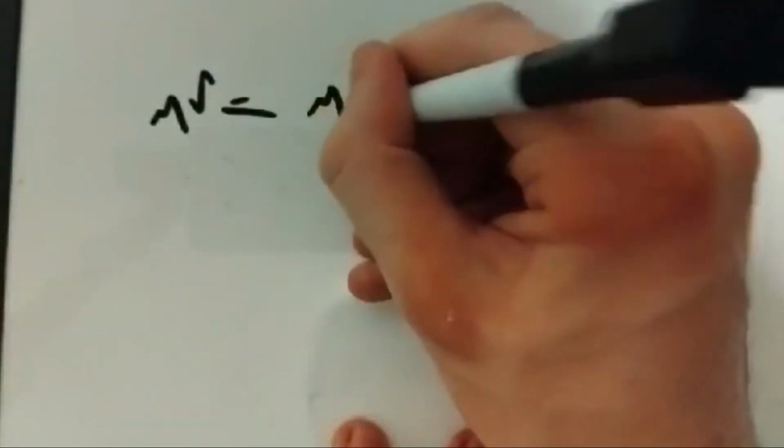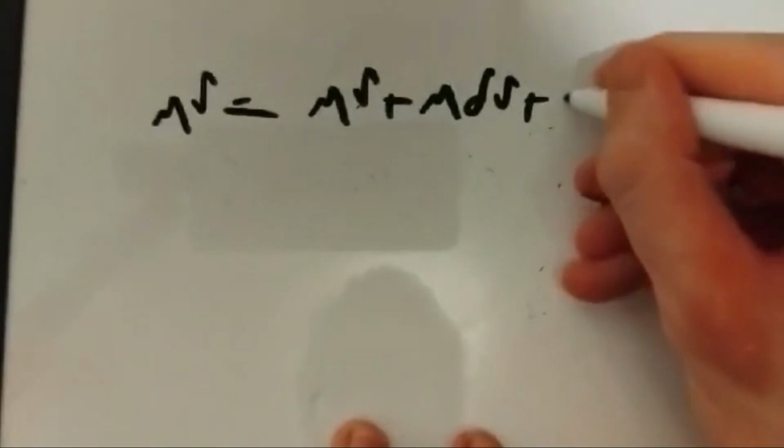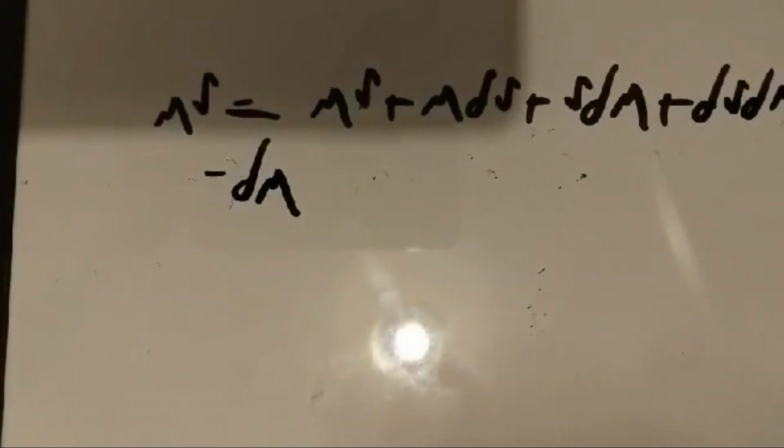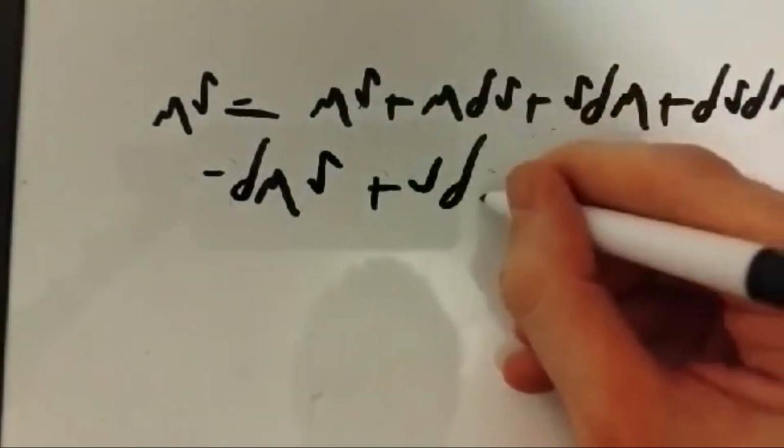Once you multiply it out, you get mass times velocity is equal to mv plus m dv plus v dm plus dv dm, and then for the fuel part, minus dm times v, and then plus u dm.